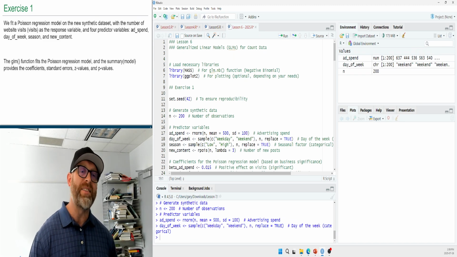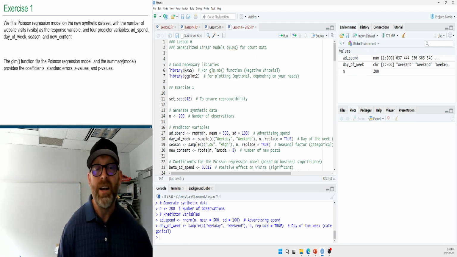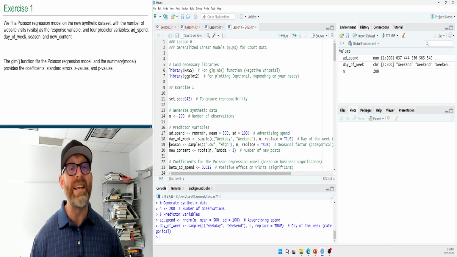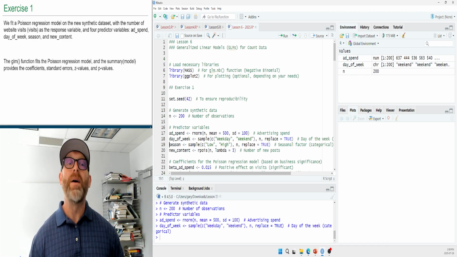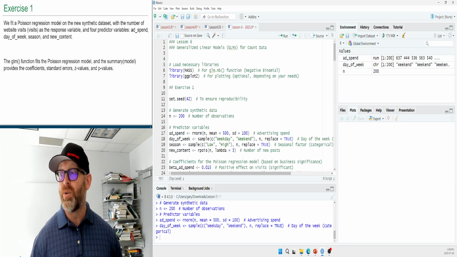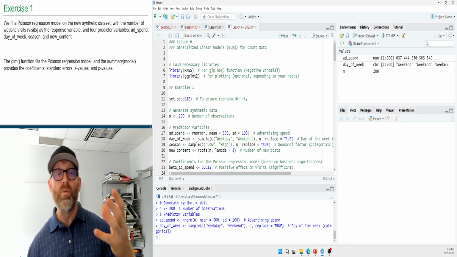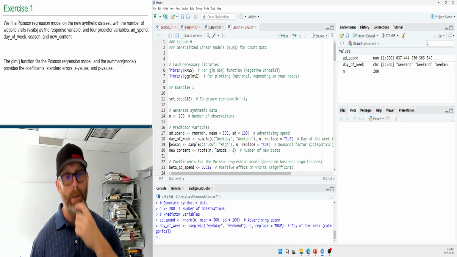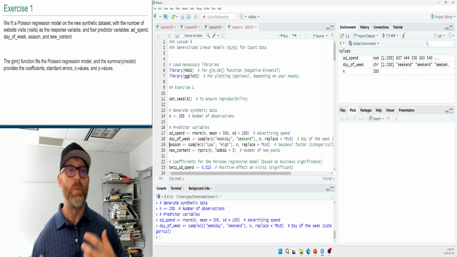As soon as that one was picked, there's nothing left in the vector to choose from. So we want a vector of size 200, but I only have 2 observations, so there's no way of being able to turn 2 into 200. But if I turn replace to true, that means as soon as I pick low, low's not going to be removed. It's still going to be a choice that's allowed to be repeated. So that's really all it is. Replace just means repeatable.